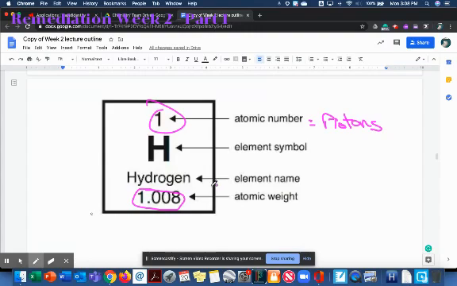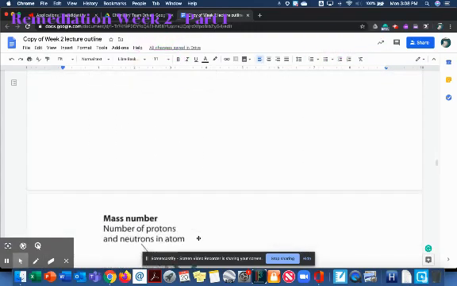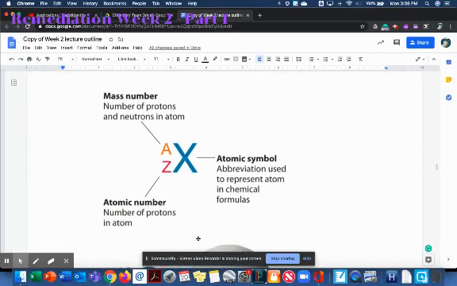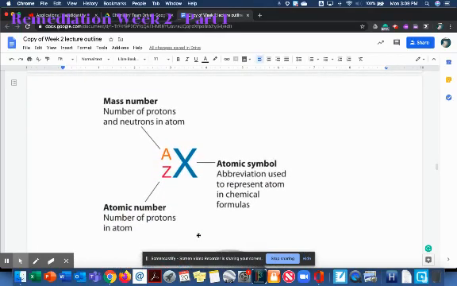All right. And so as we look at those different types, there are ways of representing specific atoms of specific elements with specific numbers of protons and neutrons and electrons.